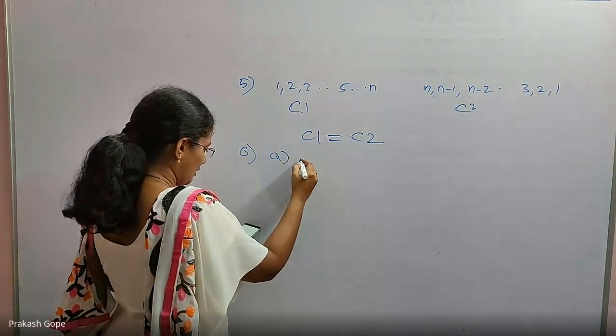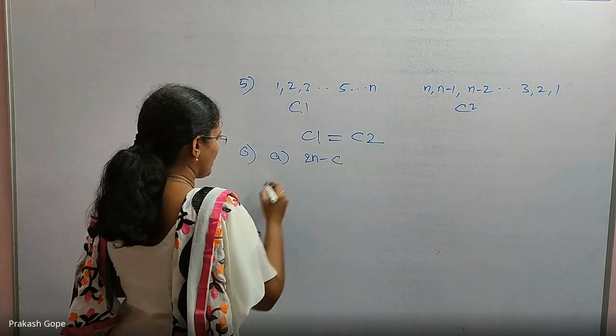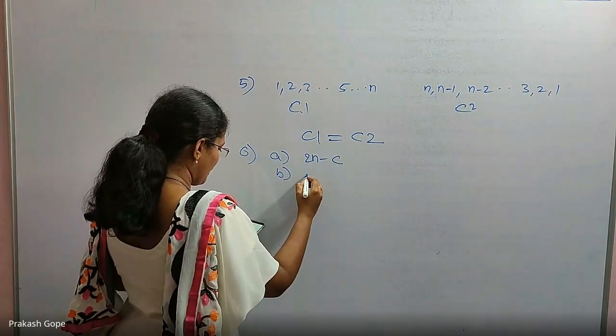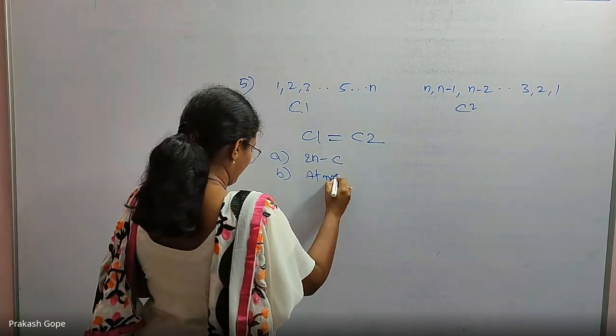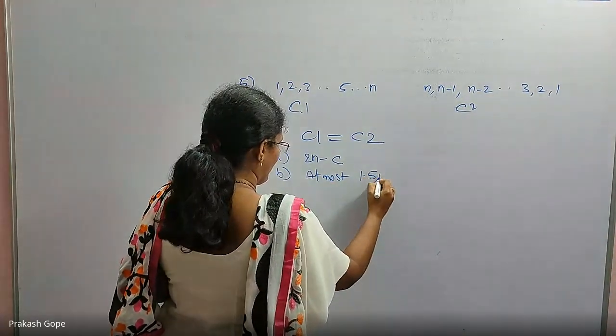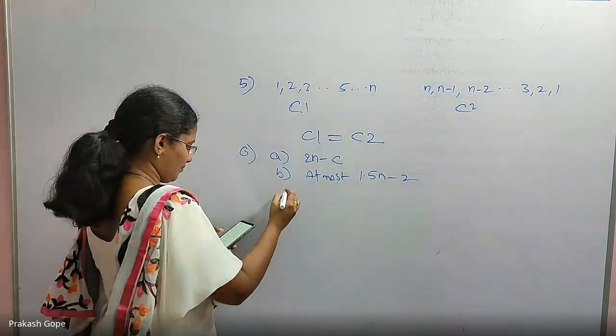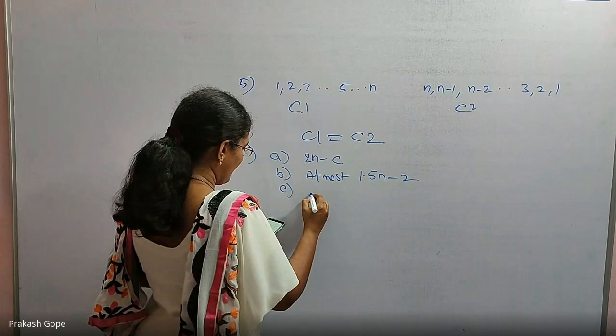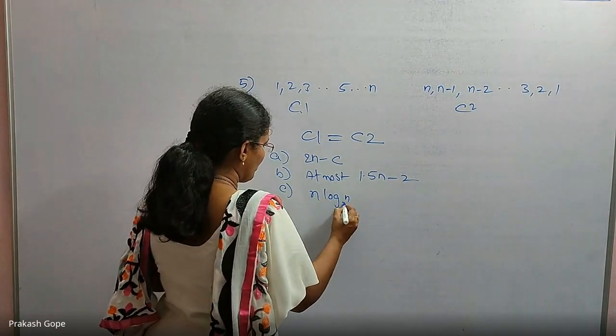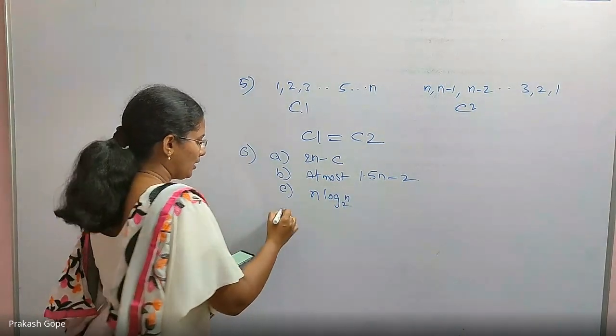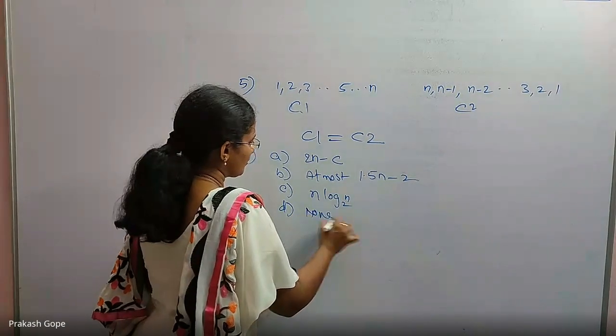Option A says at least 2n minus c comparisons. B says at most 1.5n minus 2 comparisons. C says at least n log n to the base 2 comparisons. D, none of the above. What is the answer?